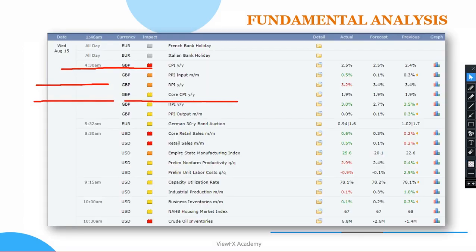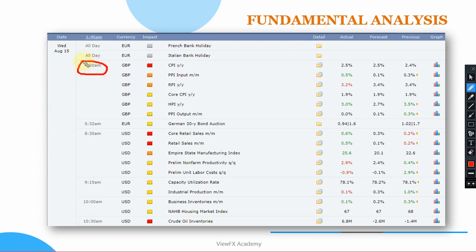For example, here is an example of an economic calendar. Here we're going to check the news and the time it is going to be released. So here we have high impact news, medium impact news, and low impact news.